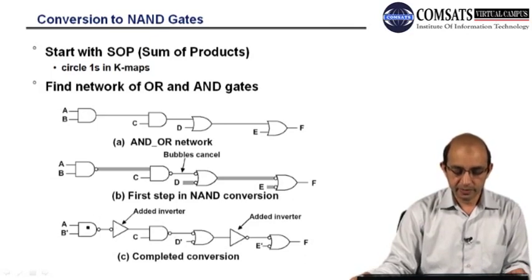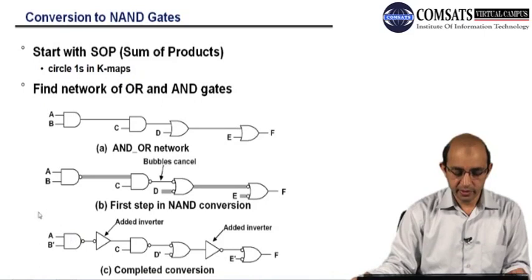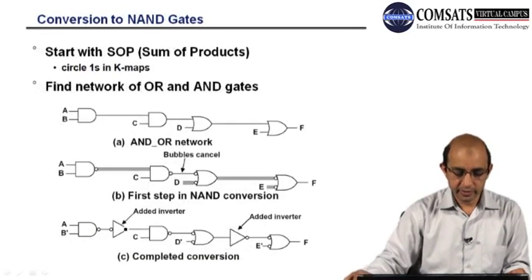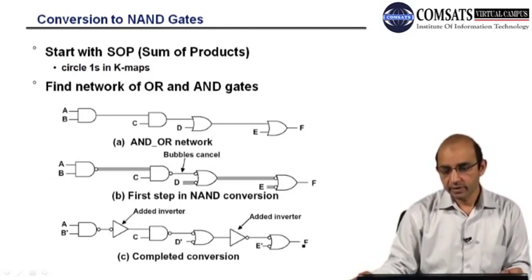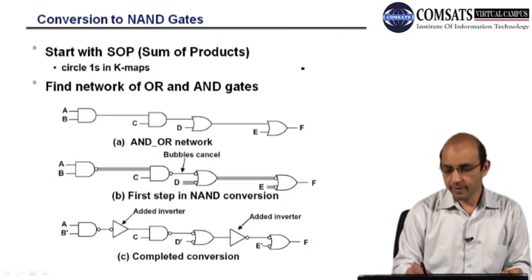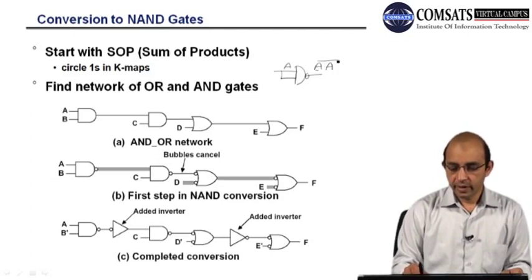You can see this is a NAND, and this is also a NAND, because we can always have a NAND, which can be replaced by, so you have A, and we are left with A bar.